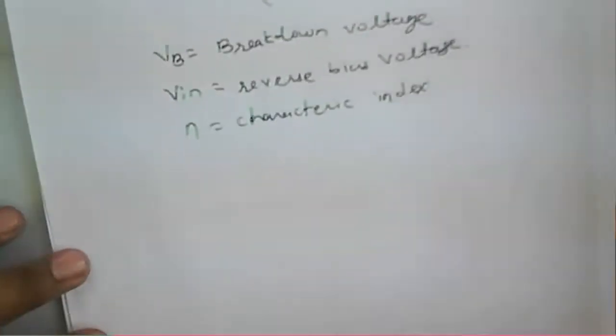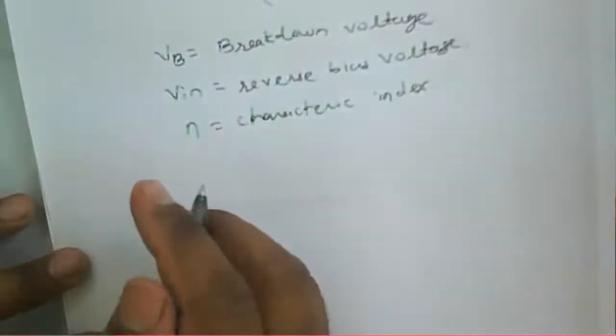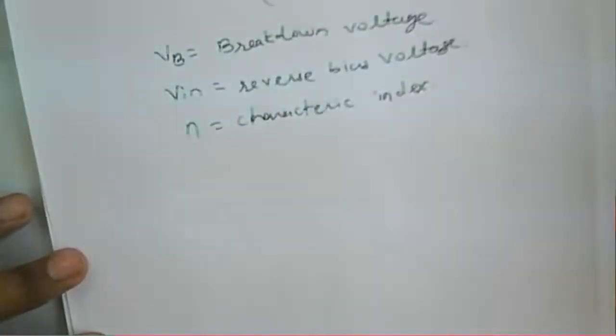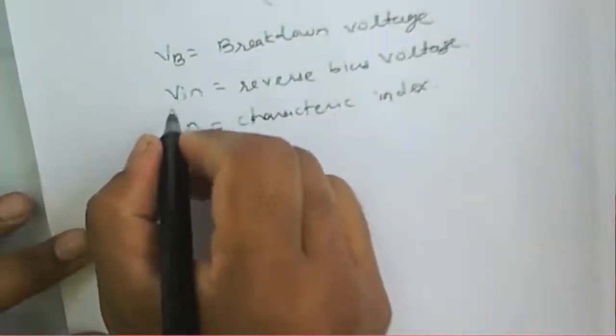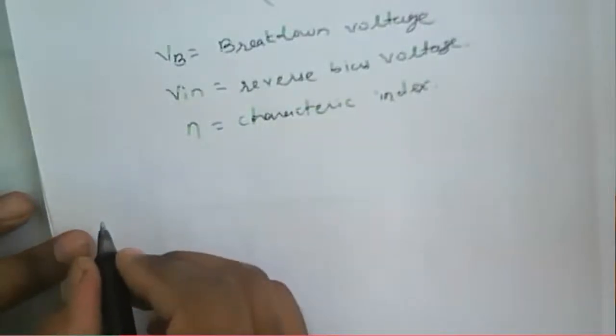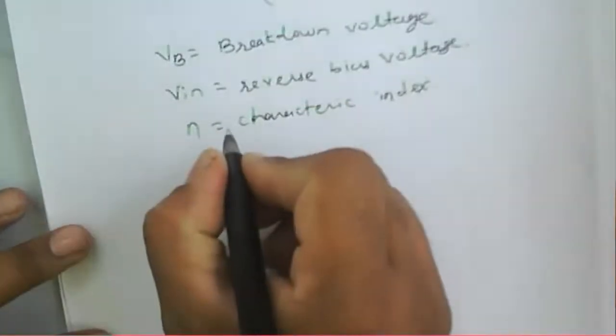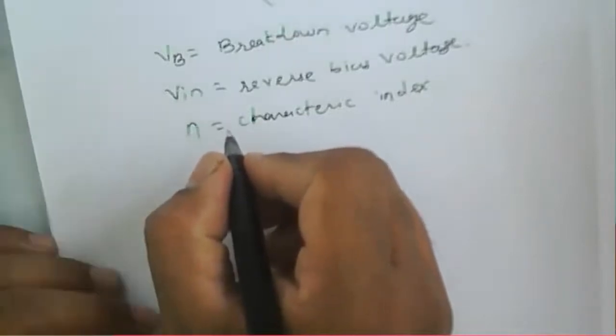And then this particular process of multiplication is called a speed of reach through APD, or we can say the rapid generation in this particular APD.